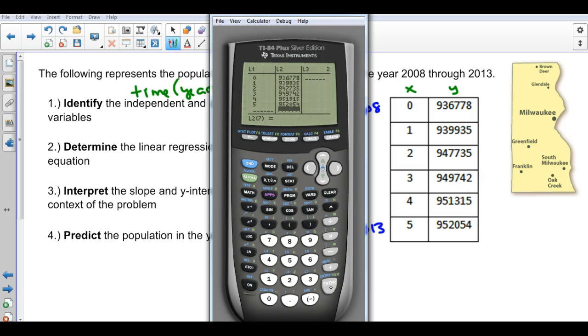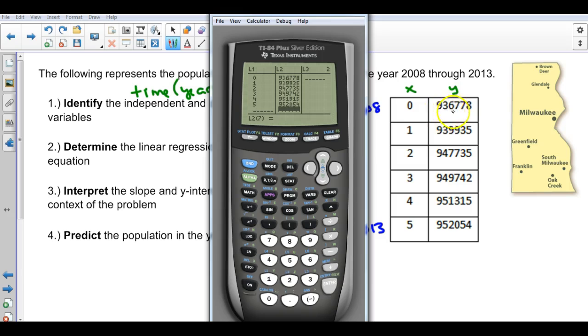The population in 2008 was this first number, 936,778, and notice the population 5 years later is 952,000. So the population increased a bunch. What I want you to do is approximate right now how much it went up by every year. My guess is it looks like it was between maybe 2,000 to 3,000 more people every year.